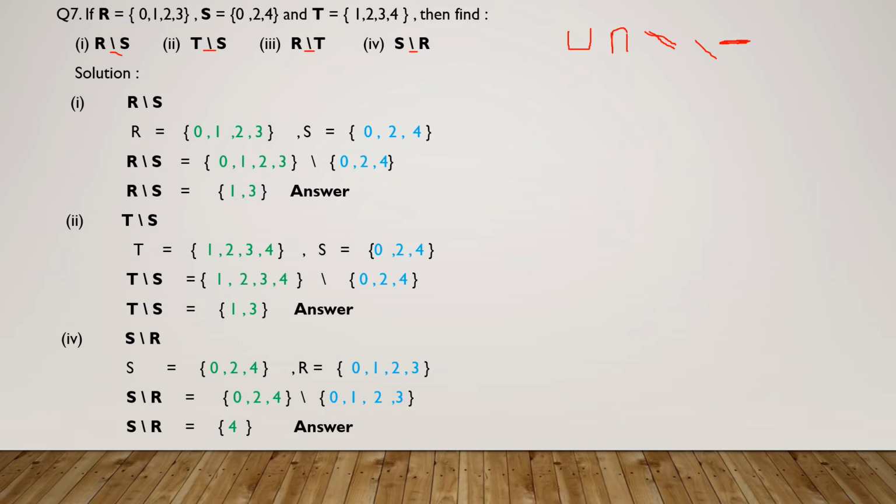We will write all the elements of set R which are not present in set S. First, check which elements are present in both sets. 0 is here, 0 is here, so we don't need this 0. 2 is here, 2 is here, we don't need this 2 in the difference.